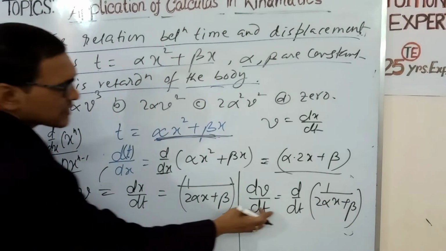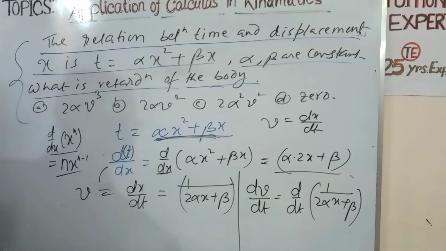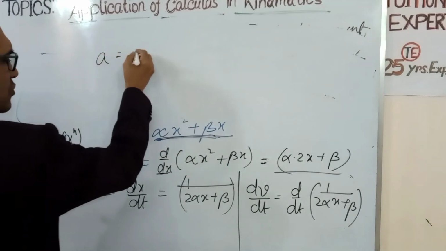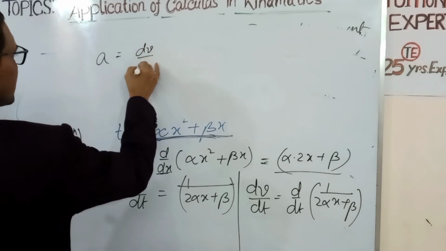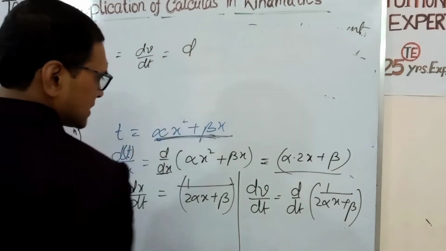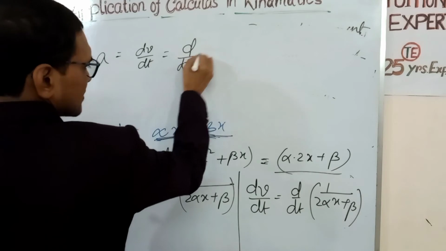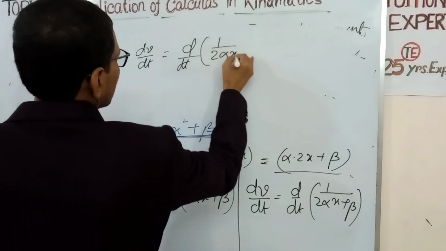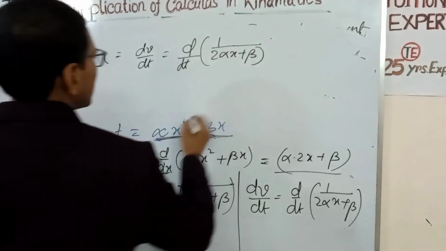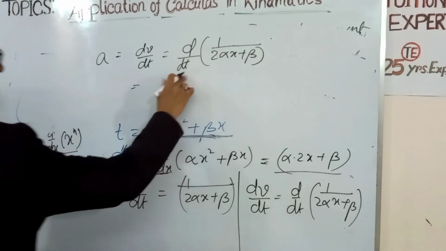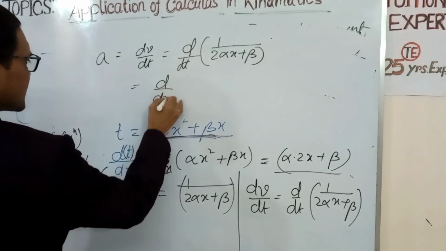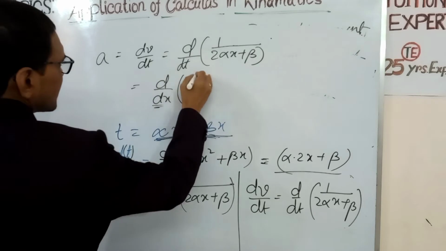We know a equals dv by dt, which is equal to d by dt of this. Now this is x, this is t, so we have to adjust dx.